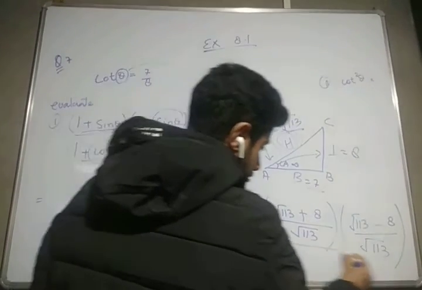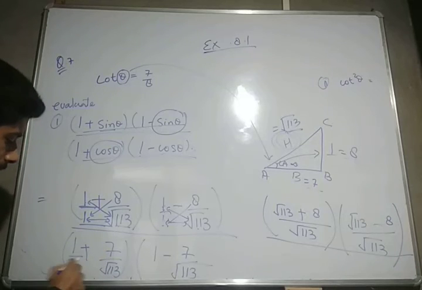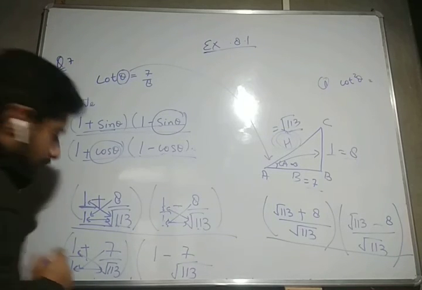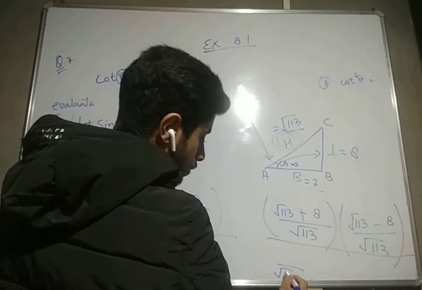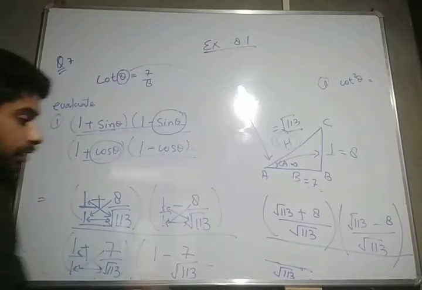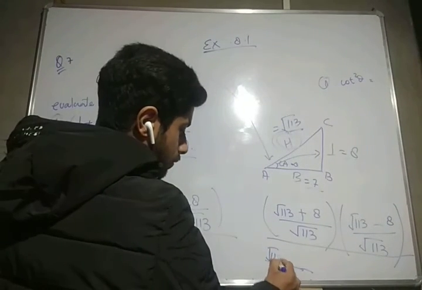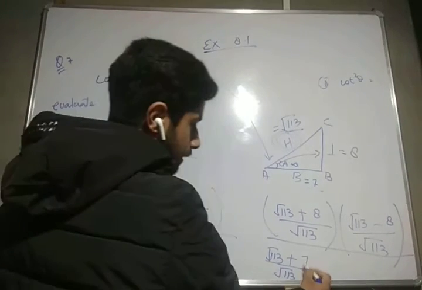And what is in the divide? It is 1 plus, the same, root 113 here, 7 here. Root 113 into 1 is root of 113, plus 7 into 1, it's 7.